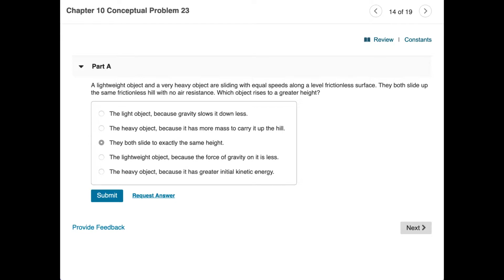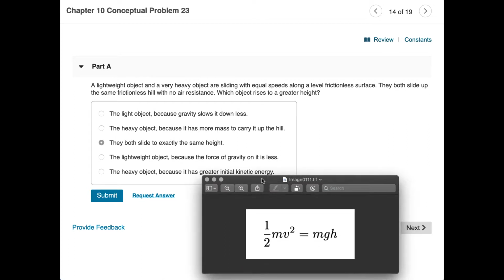Here's my equation: 1/2 mv squared is equal to mgh. They both have kinetic energy, but the kinetic energies are different. When they slide up the hill, they'll both have gravitational potential energy, and those are different too.